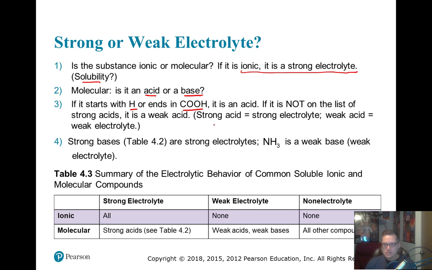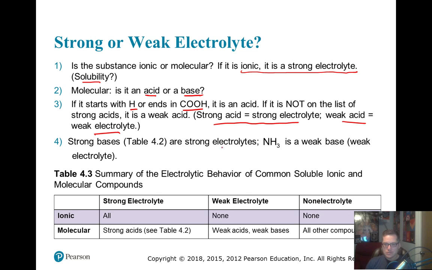Strong acids are strong electrolytes and weak acids are weak electrolytes. Strong bases, if it's a base, then you have to look at the table we just looked at, okay? The strong bases, those are the first 2 groups attached to hydroxide except for beryllium and magnesium. Those are strong electrolytes.